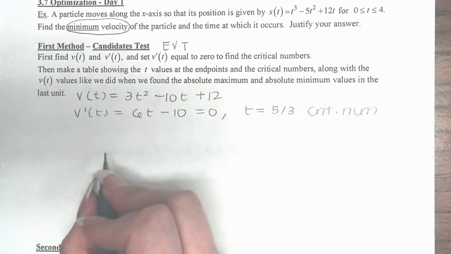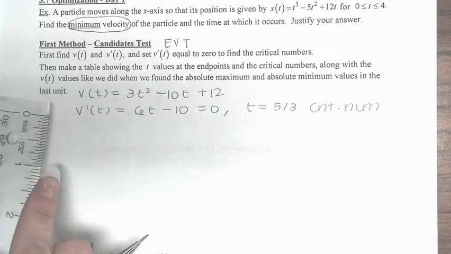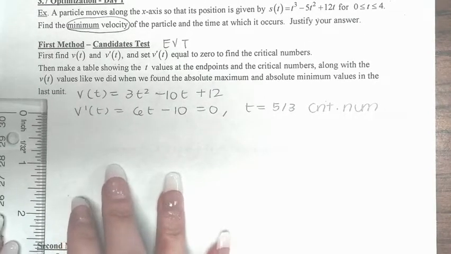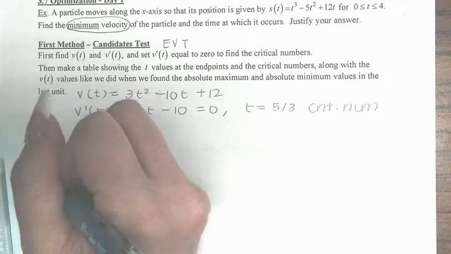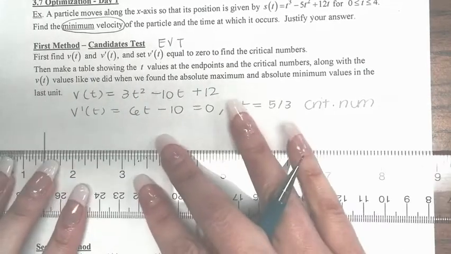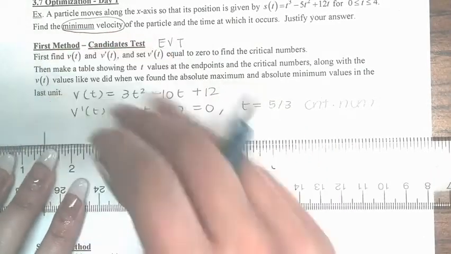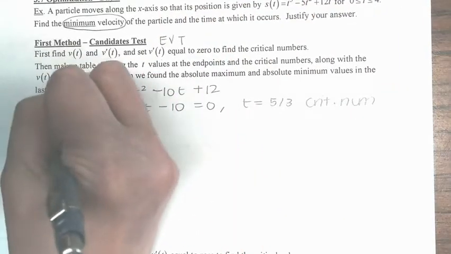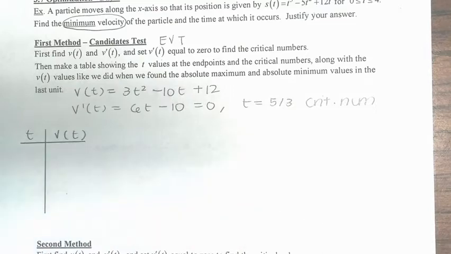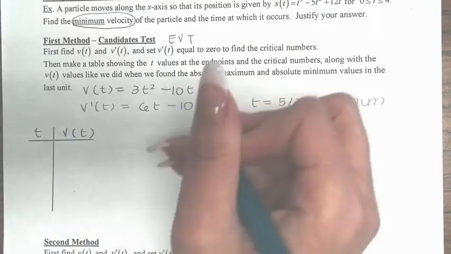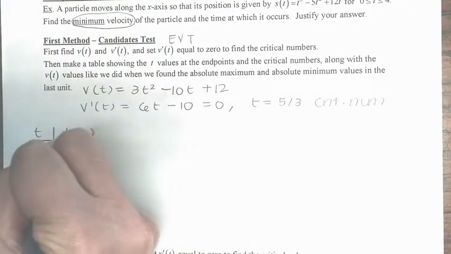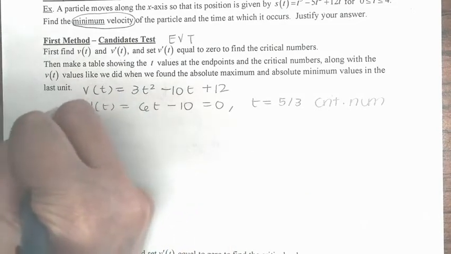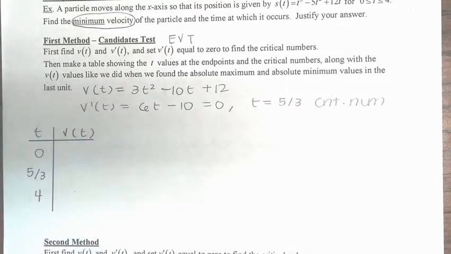So when I do my table for the candidates test or the extreme value theorem, you create your table. In your table you are going to have the extremes. We have t, and we're going to evaluate it in your equation v of t. The extremes that we have are 0 and 4, and the critical number is 5 over 3.